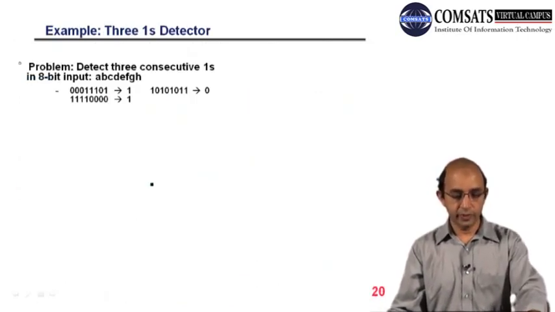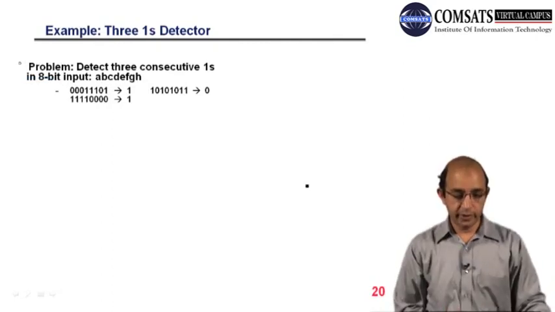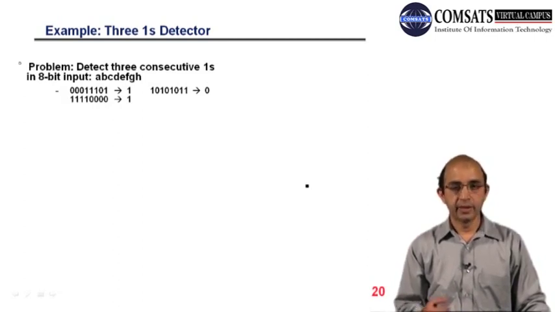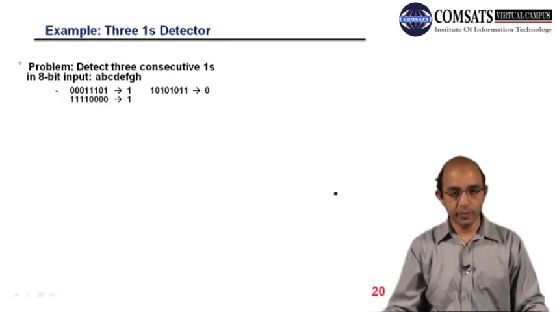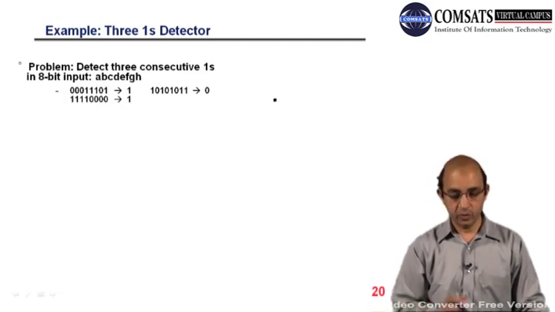So now let's move to another problem. We have to design a circuit that is called ones detector. The problem is that we have to detect the number of consecutive ones.